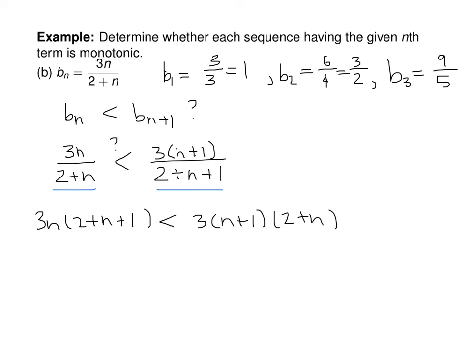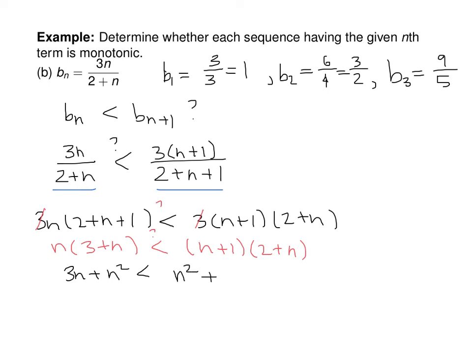At this point in time, let's cancel these 3's, and that will give us n times 3 plus n is less than n plus 1 times 2 plus n. And we're checking to see if this is true, so we still should have a little question mark over this inequality symbol. Now distributing, we'll have 3n plus n squared is less than n squared plus 3n plus 2.